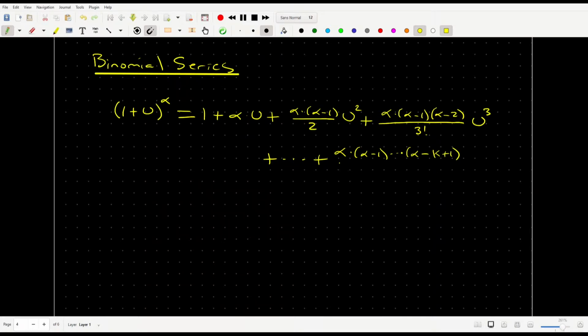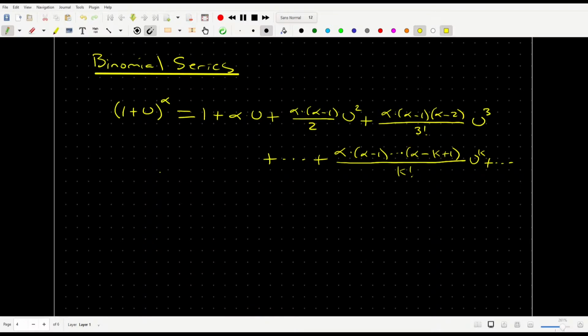I'm going to use k as the general index, over k factorial times u to the k. And this continues on to infinity. It's an infinite sum.